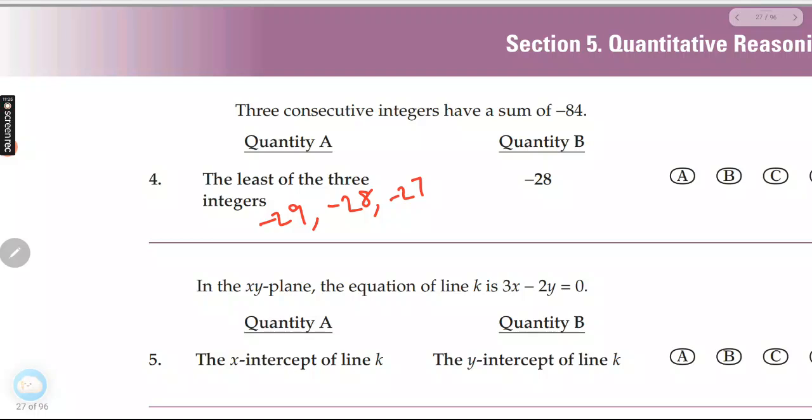If it did not give us 84, then that is not correct. So that is it. Now, what is the list of these 3 integers? The list of the 3 integers is minus 29, minus 28, minus 27. These are the things we need to correct, because minus 27 is greater than minus 29.